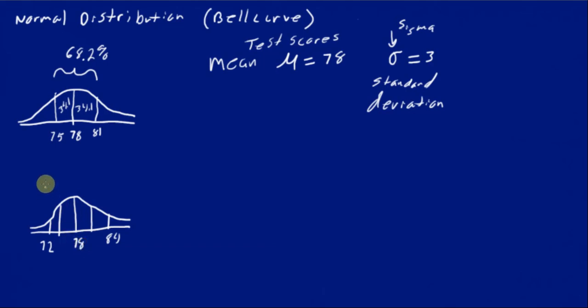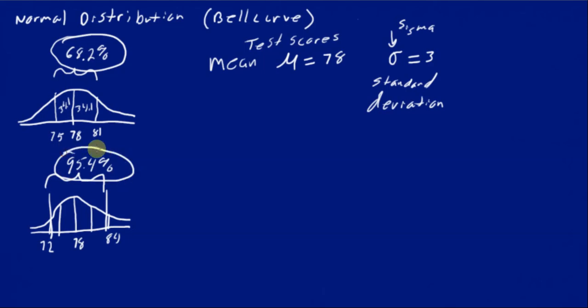So now I'm at 2 standard deviations above or below the mean, right here and here. And that contains 95.4% of the population. These numbers are important. So you need to memorize: 1 standard deviation is 68.2%, 2 standard deviations is 95.4%.